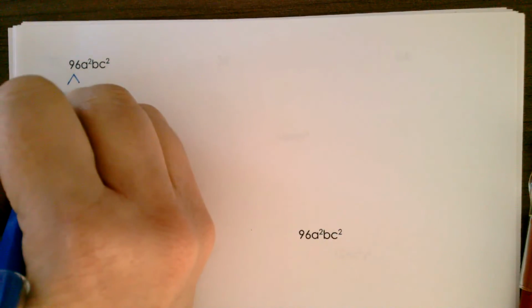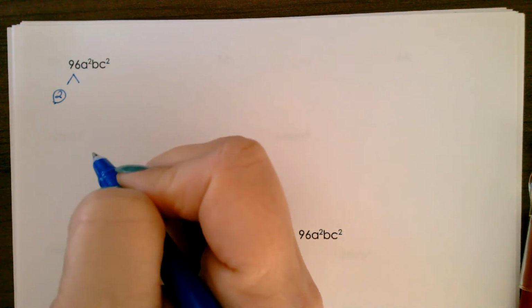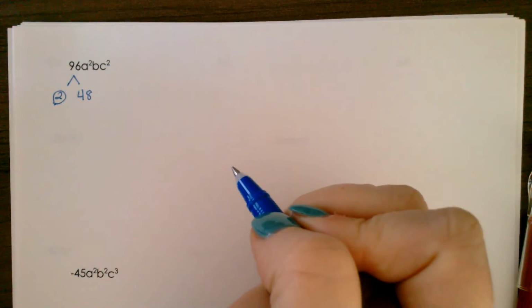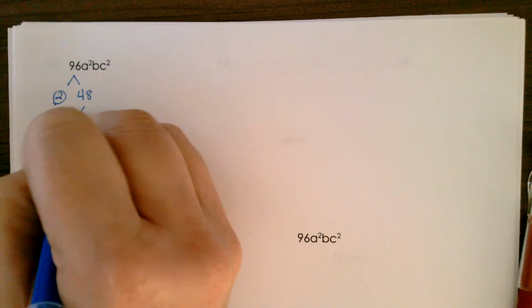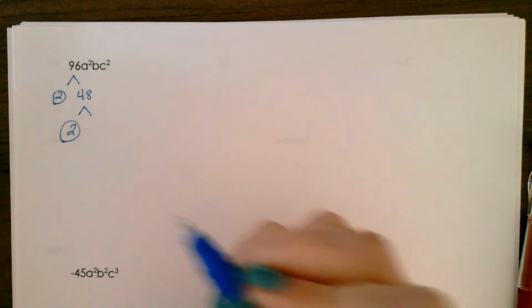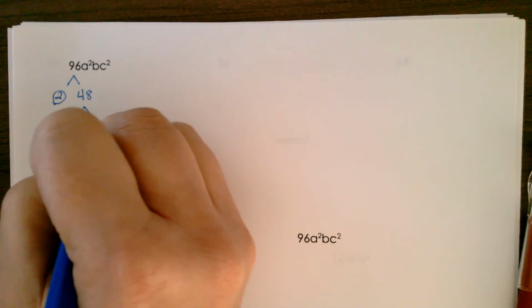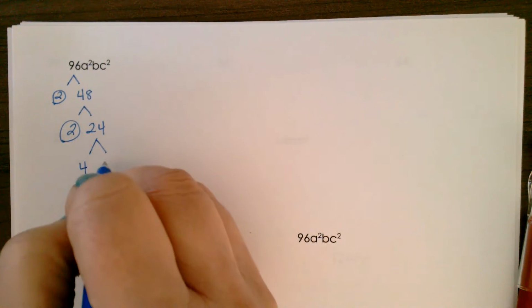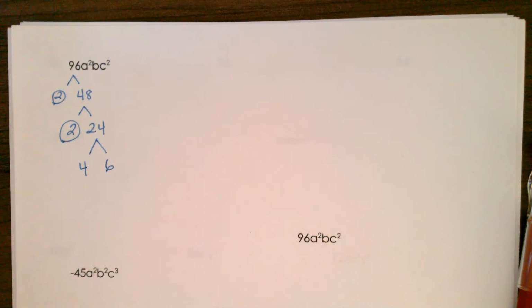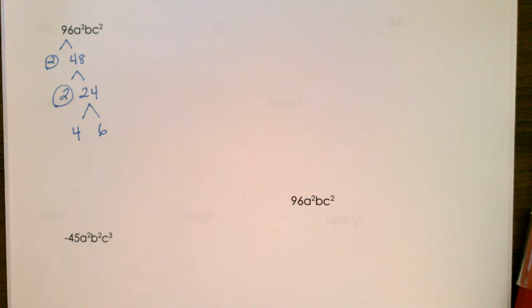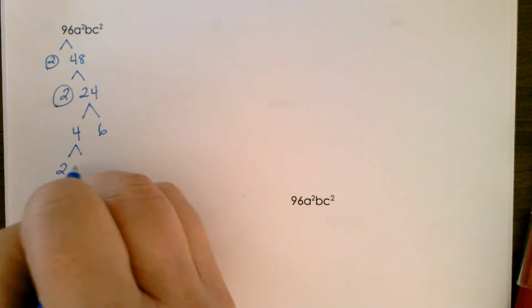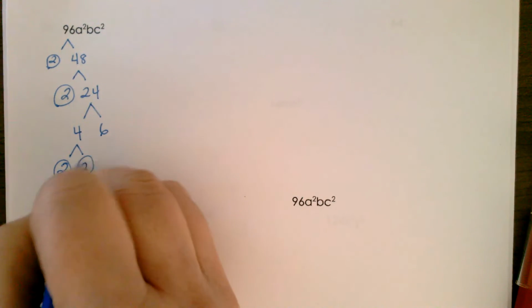Wow, I don't know a bunch of numbers that go into 96, but again, I am pretty fluent in dividing things in half. So I know that would be 48. Well, it's even, so I'm just going to divide that in half again, which gives me 24. Oh, well, 24 is 4 times 6. Ooh, neither one of those is prime, so I don't put anything in an ornament, but I can break 4 apart to 2 times 2.